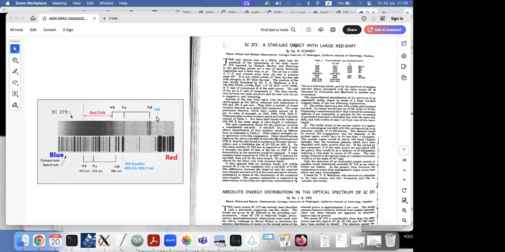And this is in a source whose name indicates that it's a radio source. This is not a star, it's a bloody galaxy.